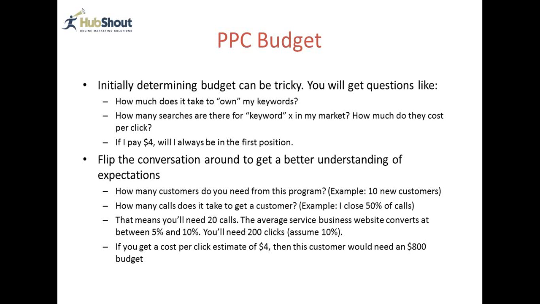The other one is, how much does it cost per click? Now, you can still get an estimate from Google's keyword tool on the estimated cost per click. I almost always double that, because what I've found is that it seems to be lower than what's really happening in AdWords, and that's exacerbated by the fact that usually a new advertiser's quality score is lower than someone who's been bidding on keywords for a long time.